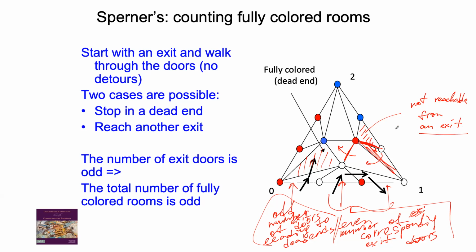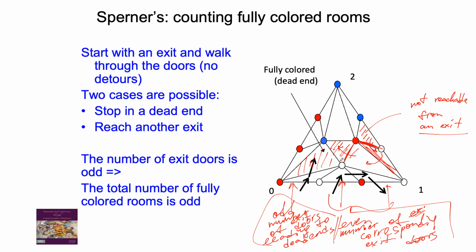So the only possibility for me to end up, because we only have finitely many rooms, right? You cannot enter back to the fully colored room because it only has one door and I can only use one door once. I cannot use the same door twice. So the only possibility for me is to reach another fully colored room and end up here. So I go from one dead end to another dead end.